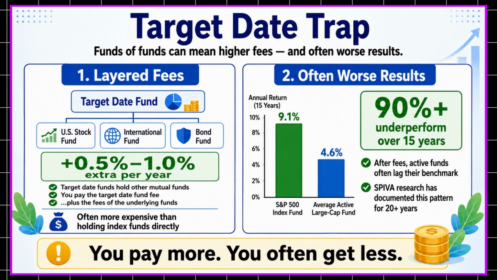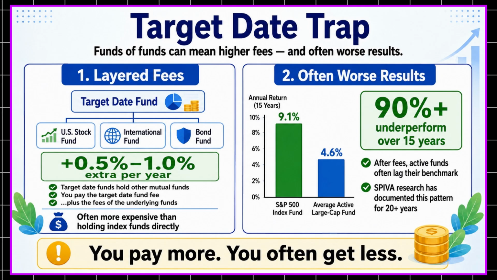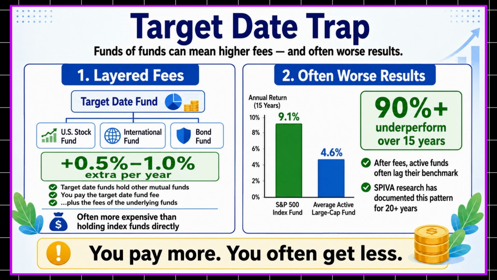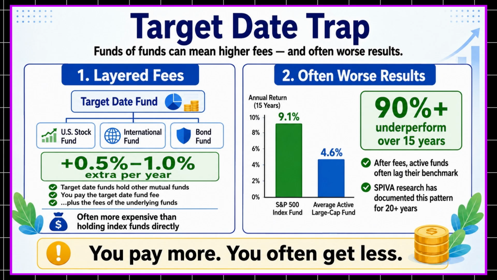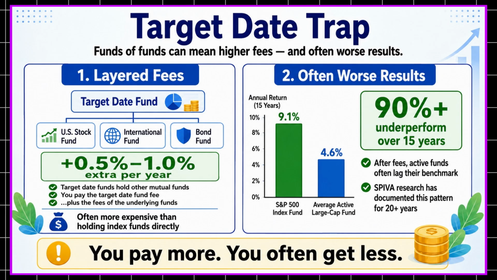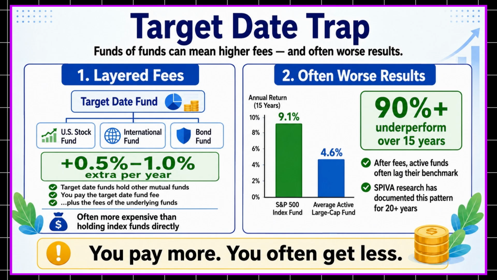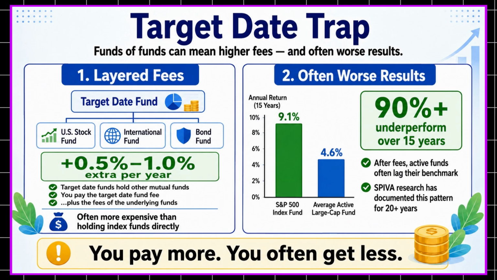Beyond the fee structure, there is the performance question. Independent research has consistently shown for 2 decades that the average actively managed mutual fund underperforms its benchmark index over any rolling 10-year period, once fees are accounted for. Not most years, not in difficult markets. Consistently, reliably, every year, as documented in S&P's SPIVA report, the most comprehensive ongoing study of active versus passive performance in existence.